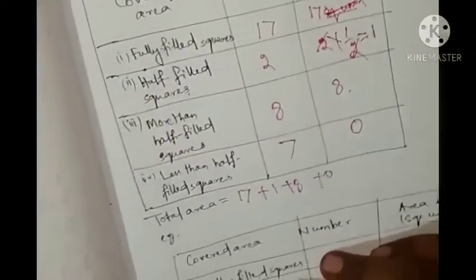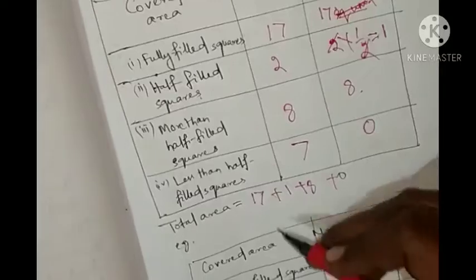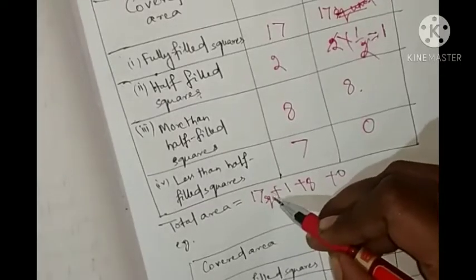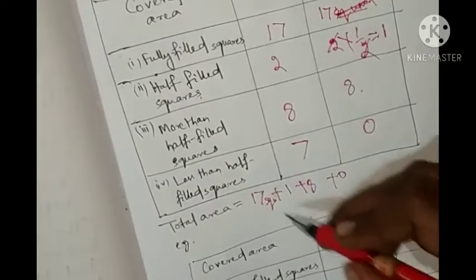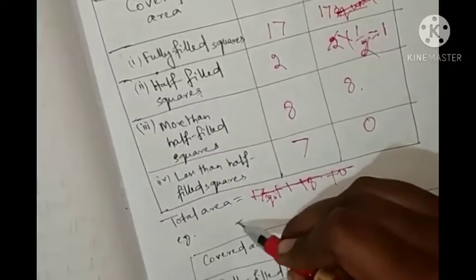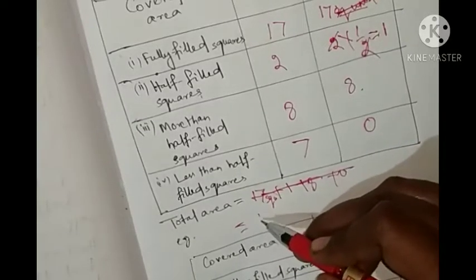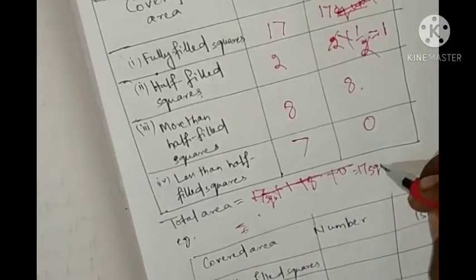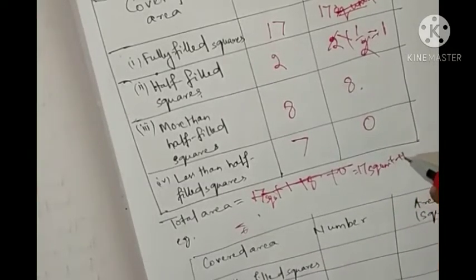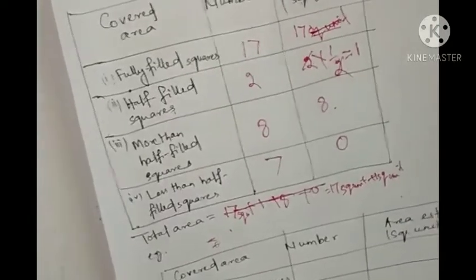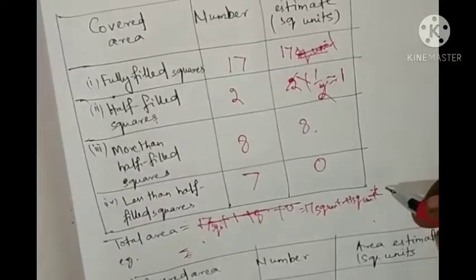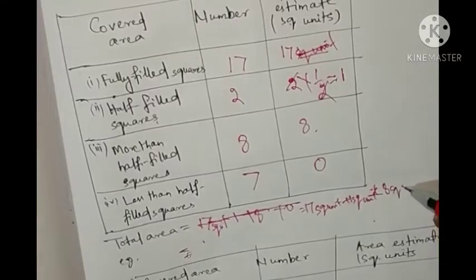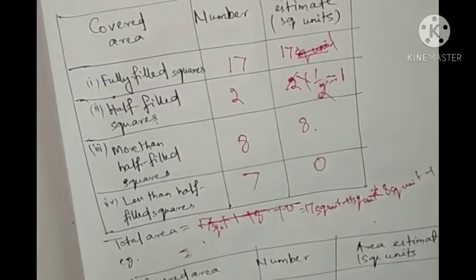Again I am writing it: total area equals 17 square unit plus 1 square unit plus 8 square unit plus 0 square unit.